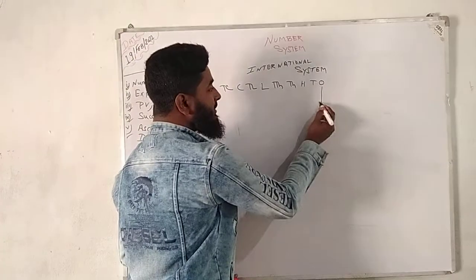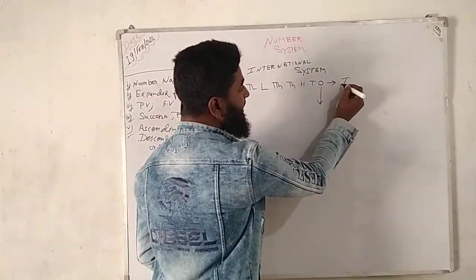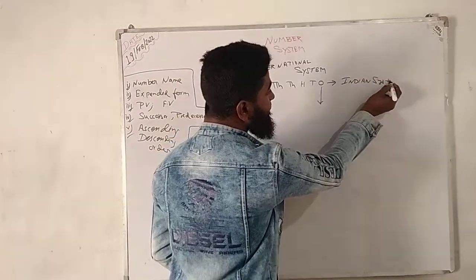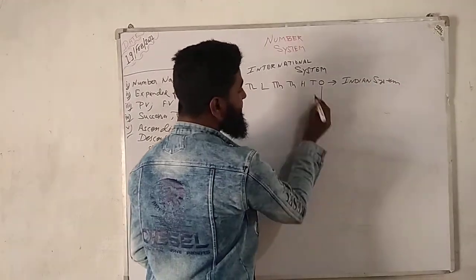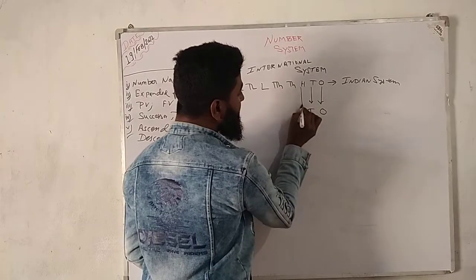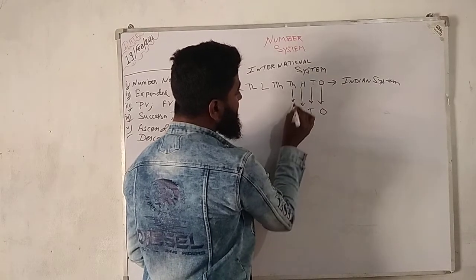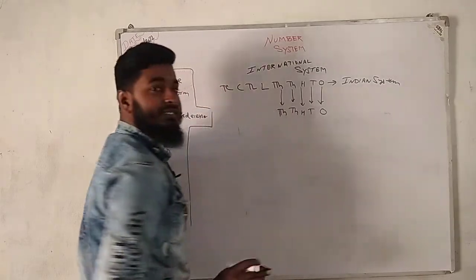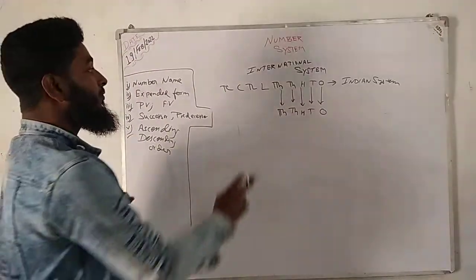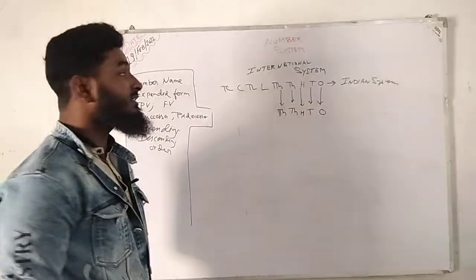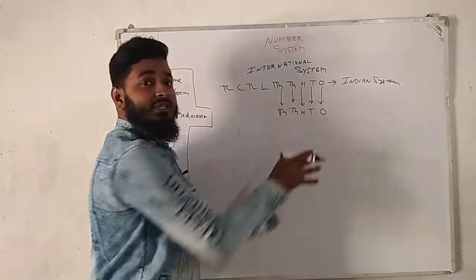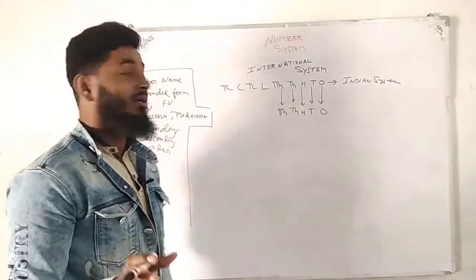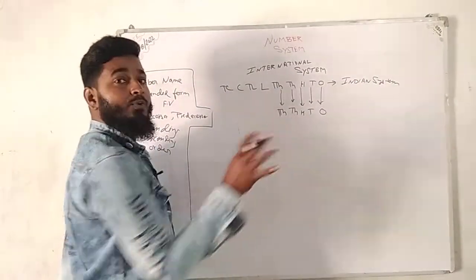International is similar to this. Now international: ones, then tens, then 100, then 1000, and then 10,000. Up till here it is the same. There is no difference. Up to 5 digits the Indian system and international system are the same. No need to worry about the method.